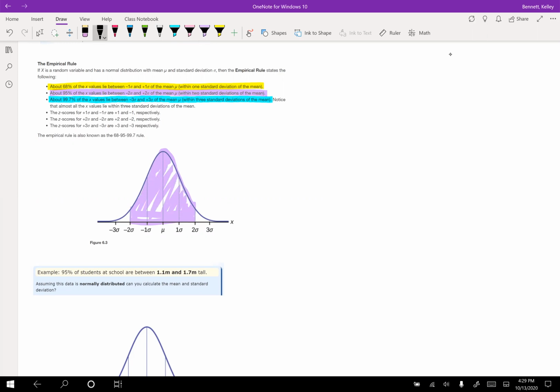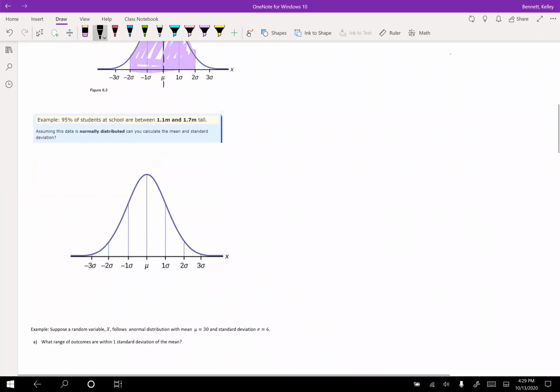And our mean is always in the middle, always, always, always. So 95% gives us 2 standard deviations, so that's going to be from here to here. And we actually know the ending values for this, right?